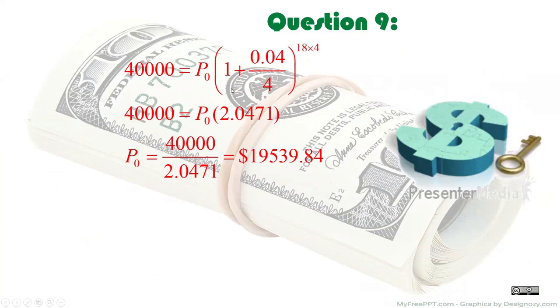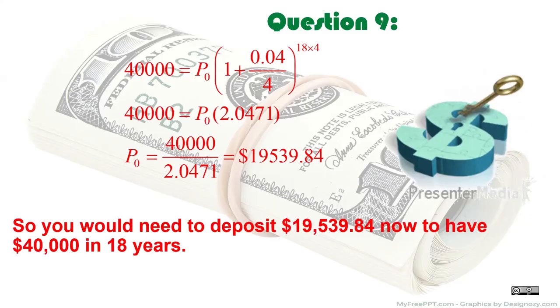And we found when we worked out this part, we got 2.0471. And then we divided 40,000 by 2.0471, and we ended up with $19,539.84. So you would need to deposit $19,539.84 now to have $40,000 in 18 years.